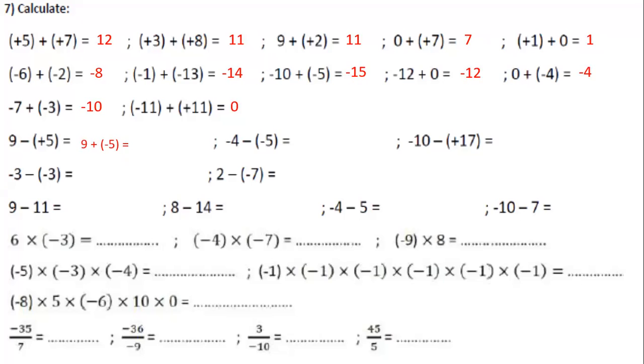Here we are adding two signed numbers having different signs. I said we look for the greatest and we subtract. What is the sign of the greatest? Positive. 9 minus 5. 4. Bravo. So the answer is positive 4. Now let me ask Lynn again. Yes, Yalin.